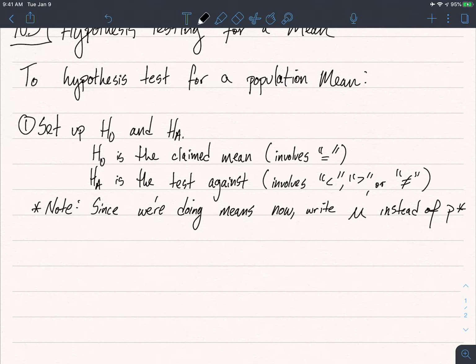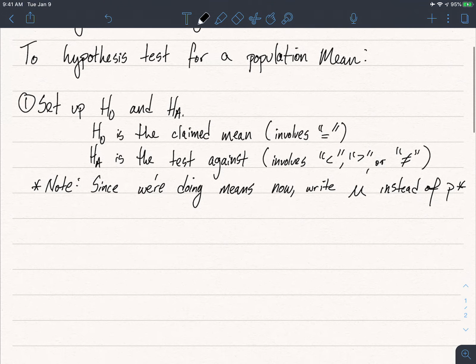With hypothesis testing for proportions, we had things like H0 was p equals 0.42. I think I did that for my gun example. We wouldn't be using p anymore for means. Things are going to look like the null is, let's say, the average is equal to, I don't know, 6.4. That's a made up example. But you should be using mu now instead of p. p was for proportions. Mu is mean or average, right?